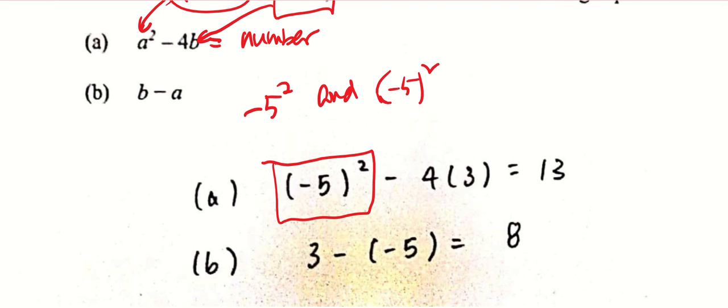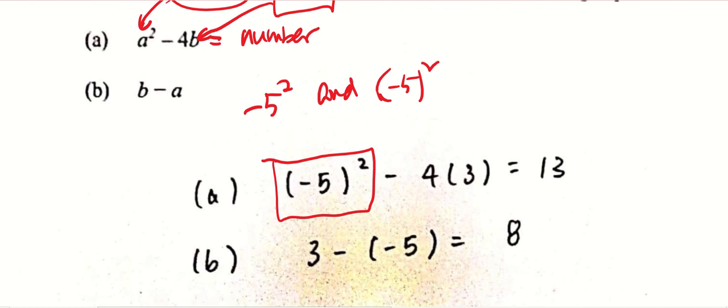If you're not too sure, you can text me and ask, or you can simply press your calculator, because the bracket makes a huge difference when you press your calculator. So please be careful. A is -5, so the square applies to both the negative sign and the 5. The square here applies to both of them, so please be careful.